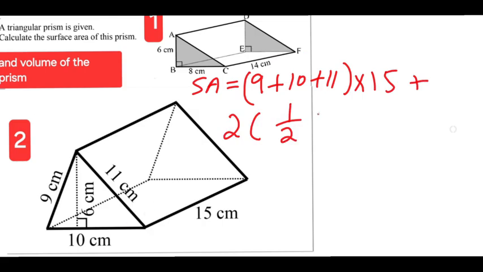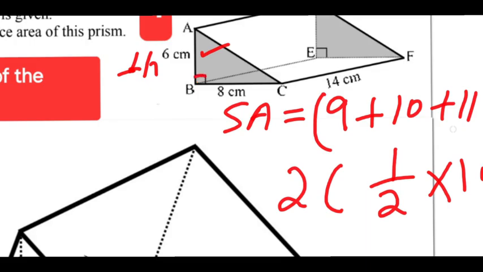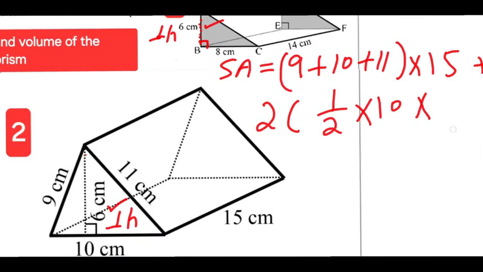Base I've got 10, and the perpendicular height I got 6 here. This is the perpendicular height; we have to see from the 90 degree. This is the 90 degree here, so this is the perpendicular height.